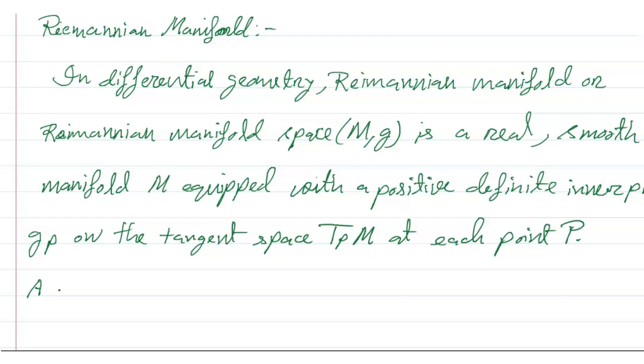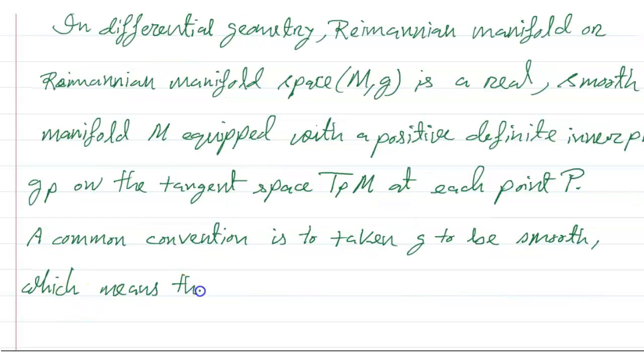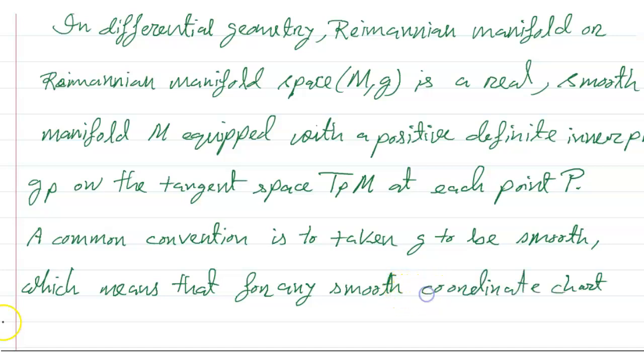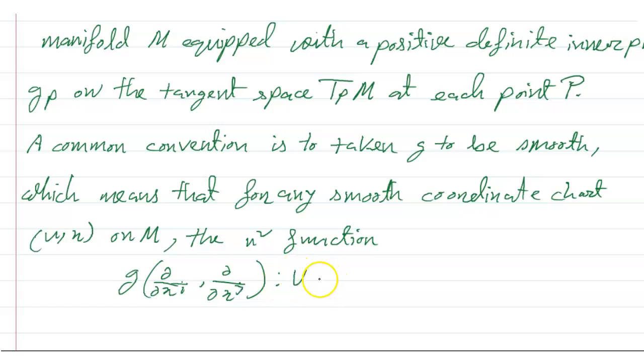A common convention is to take g to be smooth, which means that for any smooth coordinate chart (U, x) on M, the n squared functions g(∂/∂x^i, ∂/∂x^j): U → R are smooth functions.